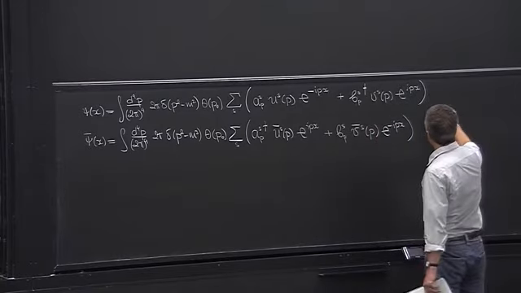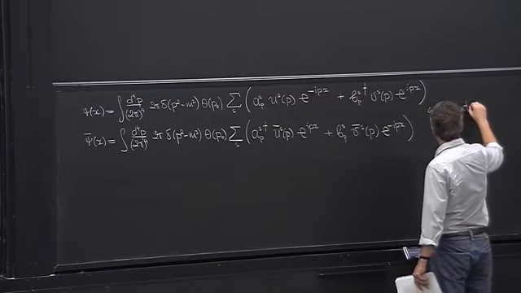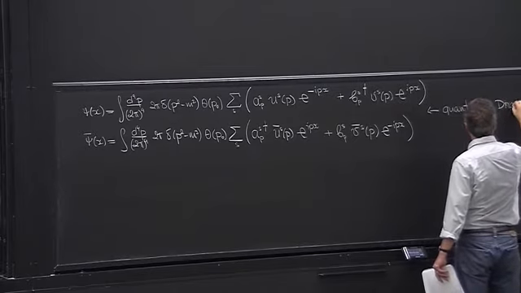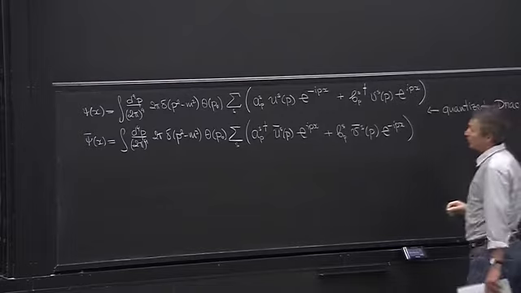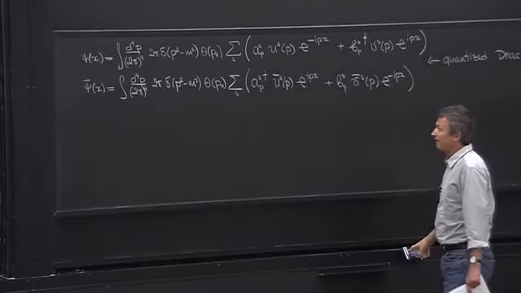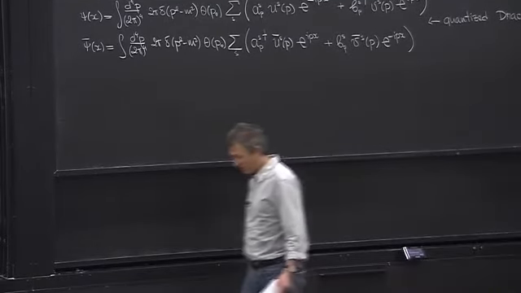So these formulas describe the quantized Dirac field, and they describe two types of particles.